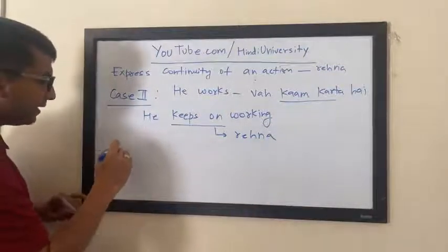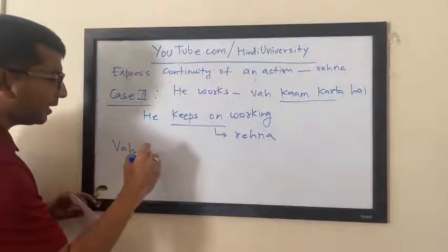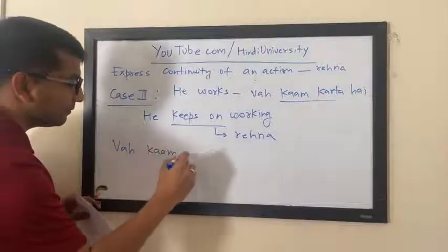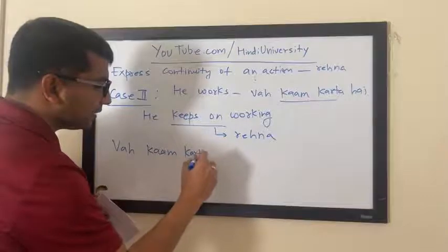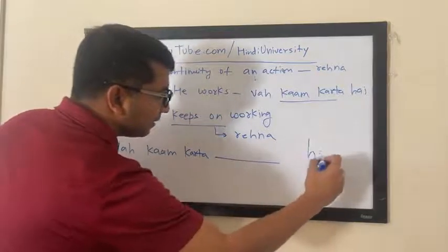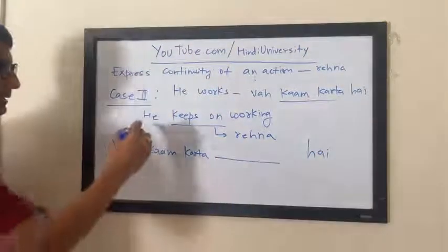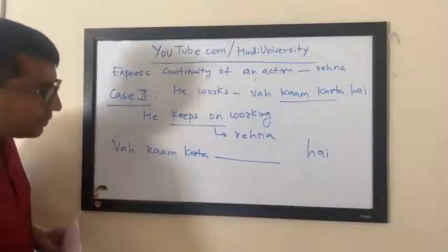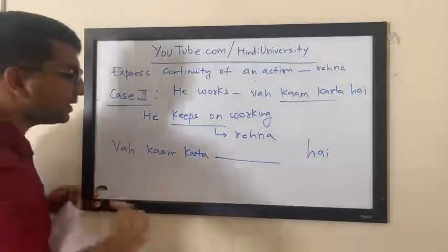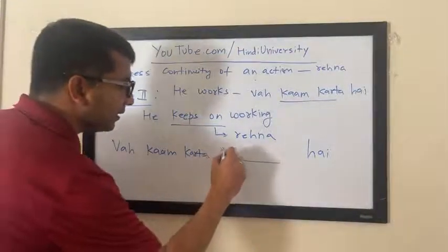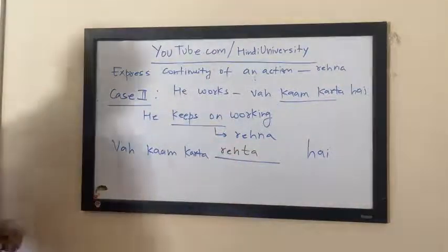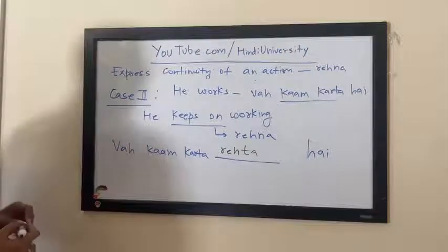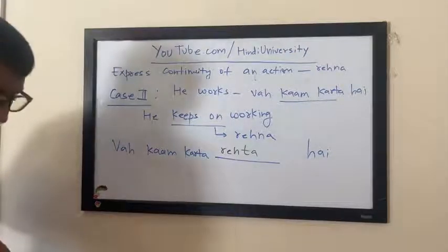So we'll say वह काम, you use as it is, करता, because it's he, you will say वह काम करता रहता है. Okay, he keeps on working, which is वह काम करता रहता है.